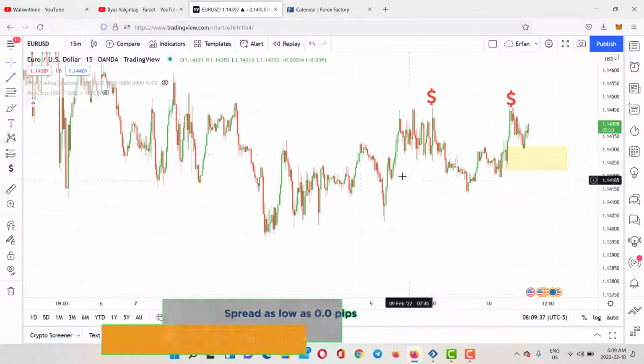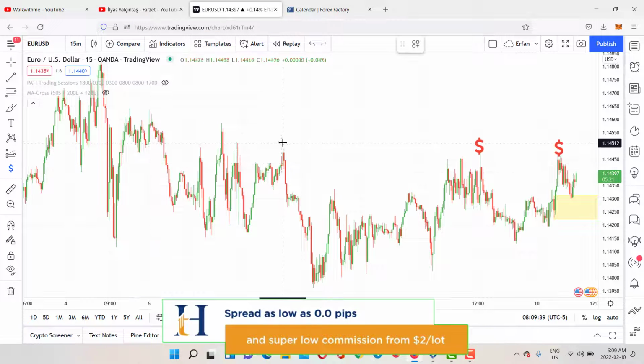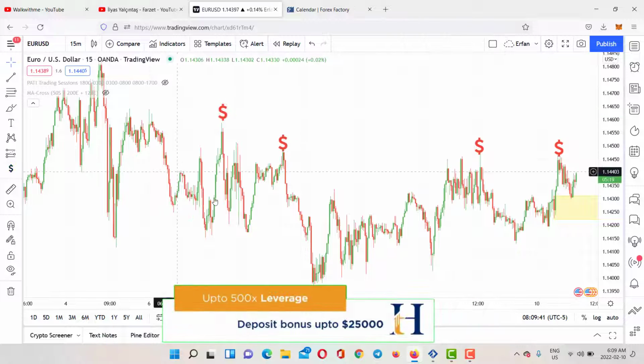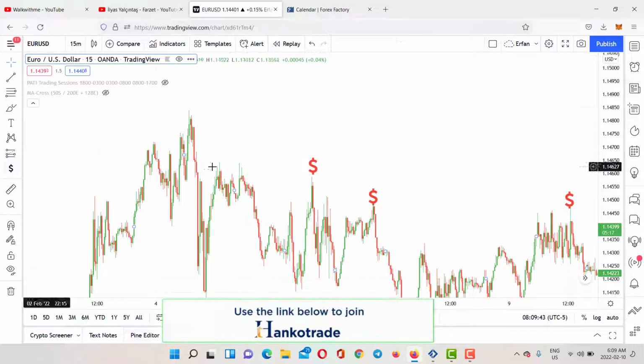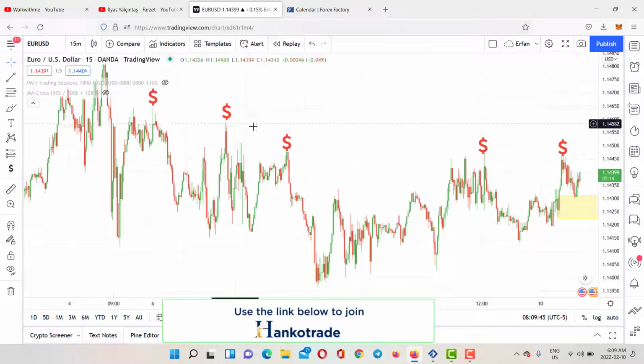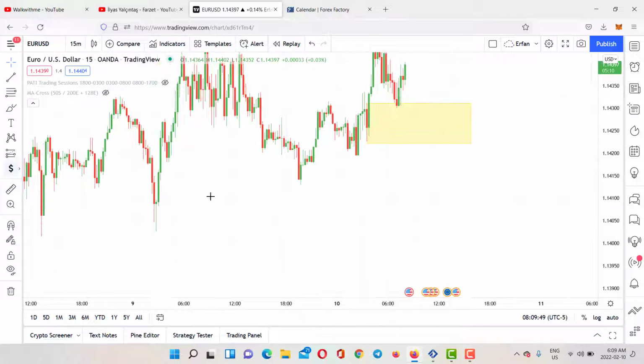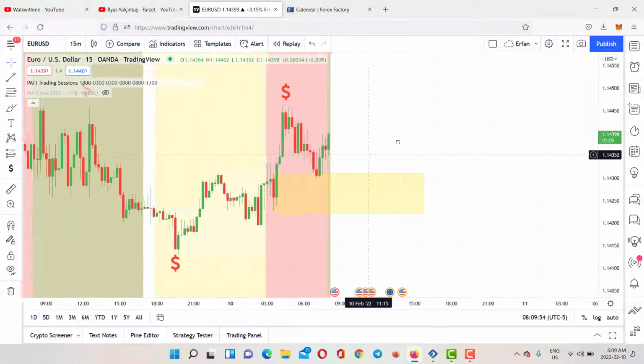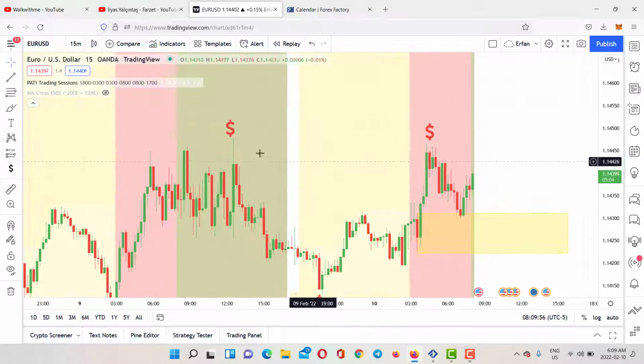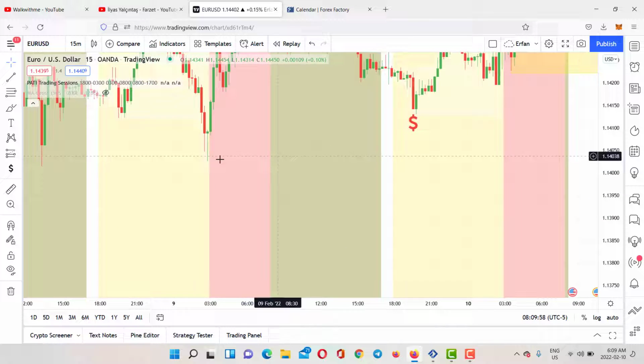But the goal is to grab all this liquidity around these areas, right? See, we want to grab all these liquidity zones around these areas. And we have liquidity here. We are in London session, New York session right now. So London session high, New York session high, Asia session low.